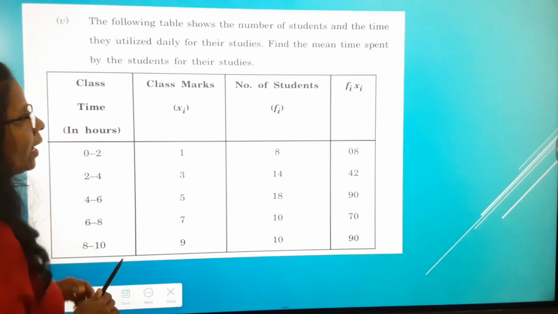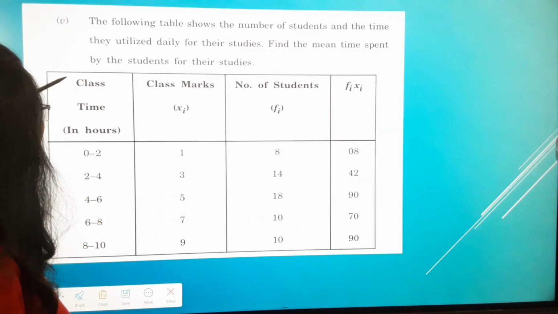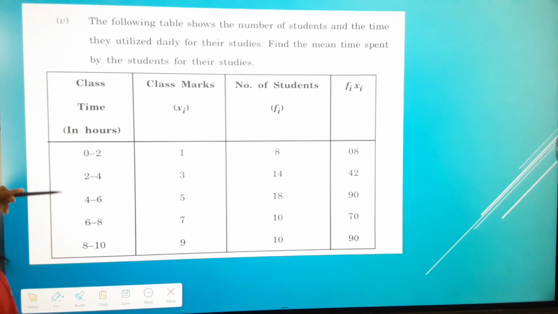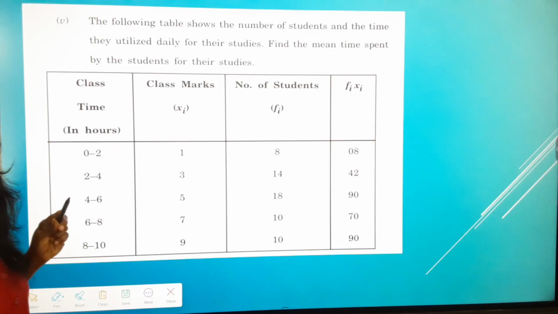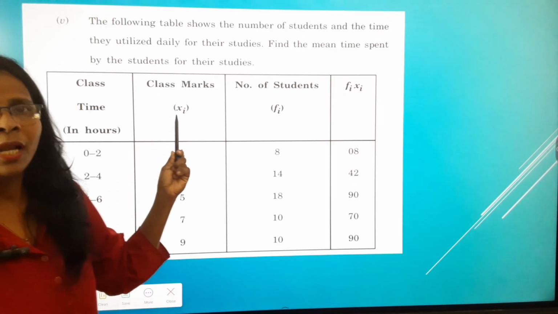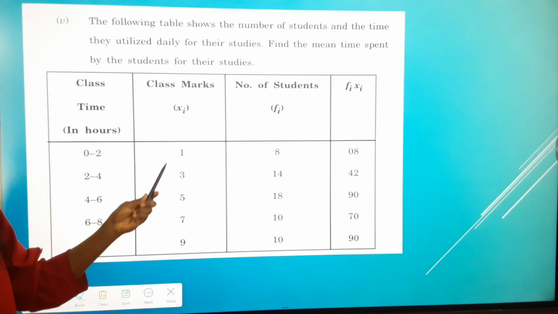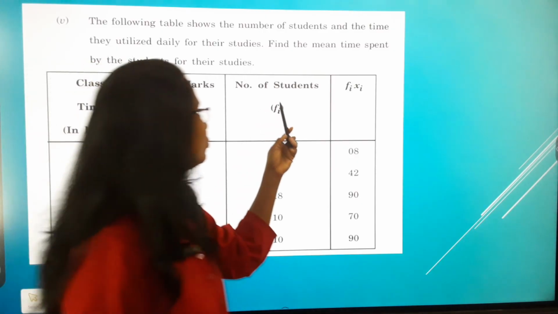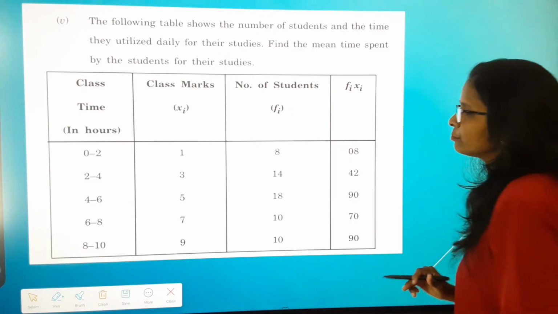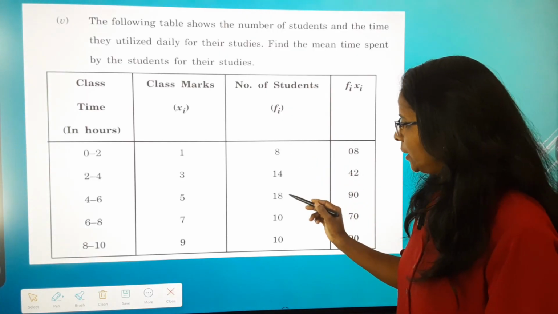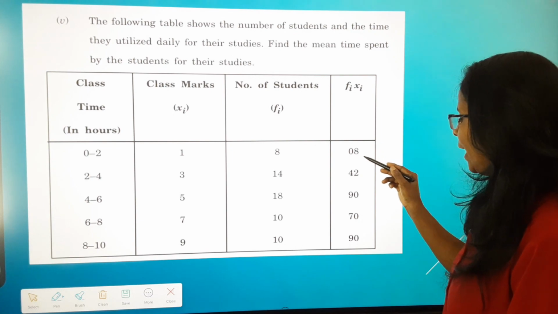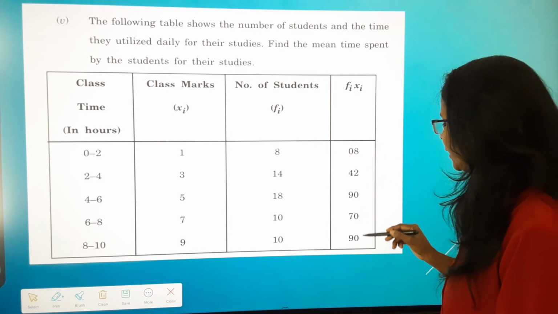First column is for class time in hours: 0 to 2, 2 to 4, 4 to 6, 6 to 8, and 8 to 10. Now class marks are 1, 3, 5, 7, 9, and the number of students is 8, 14, 18, 10, 10. Here fixi is 8, 42, 90, 70, 90.